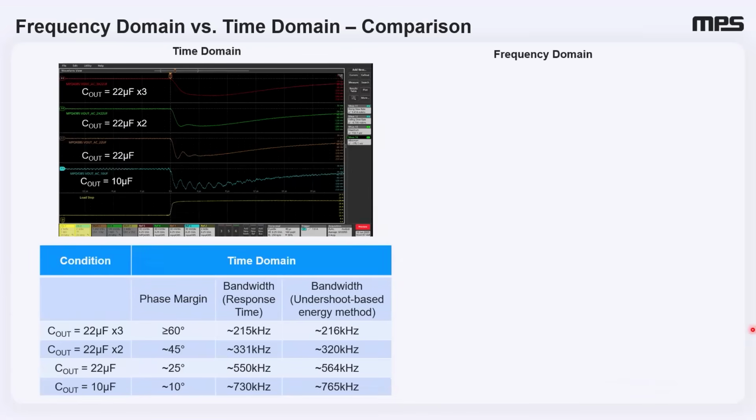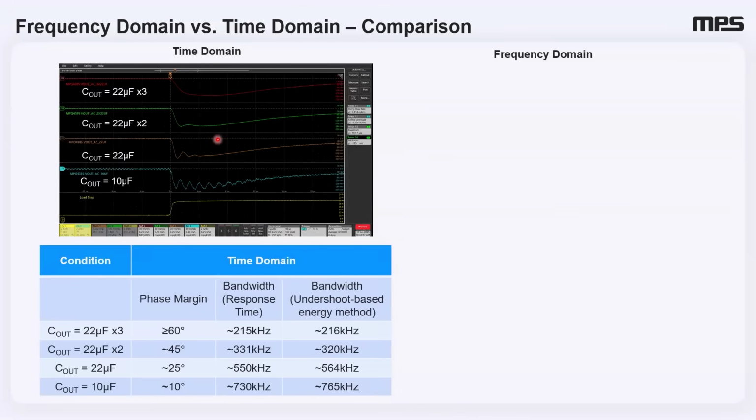Now, let's expand on this comparison by looking at the impact of varying the output capacitance and how both time domain and frequency domain analysis reflect these changes. So on the left, we have the time domain responses for different output capacitor values.